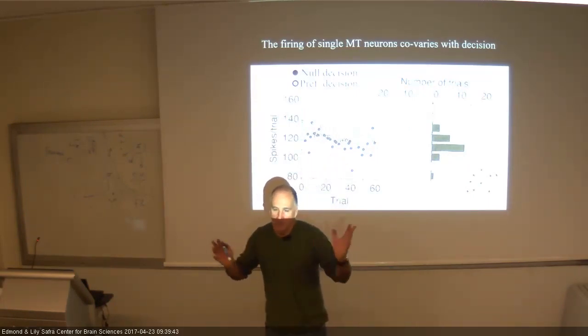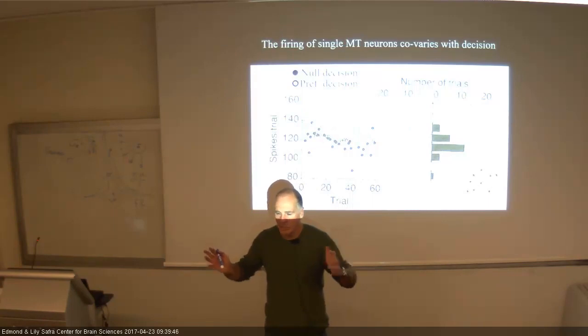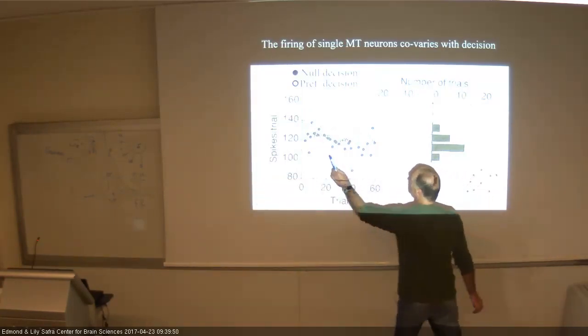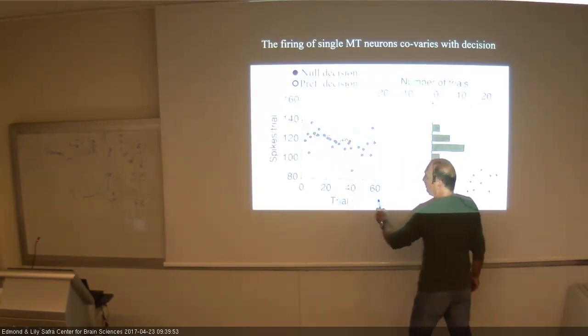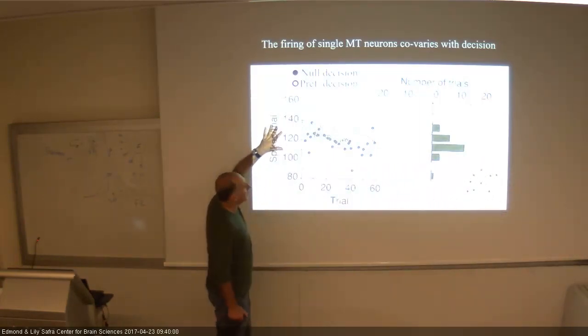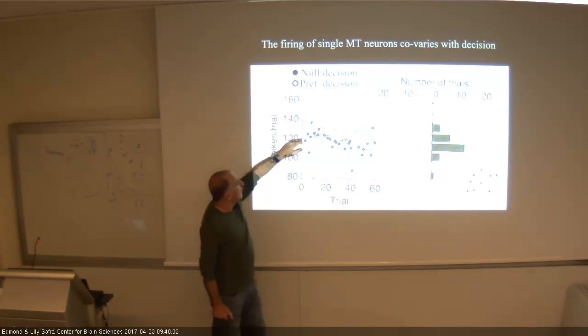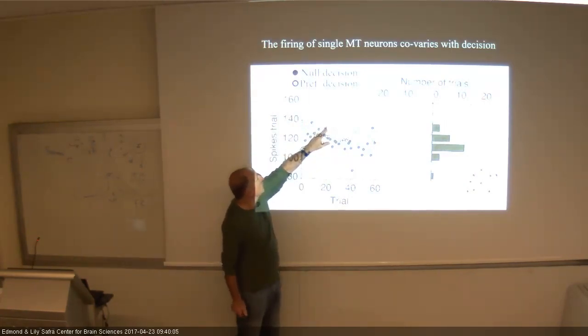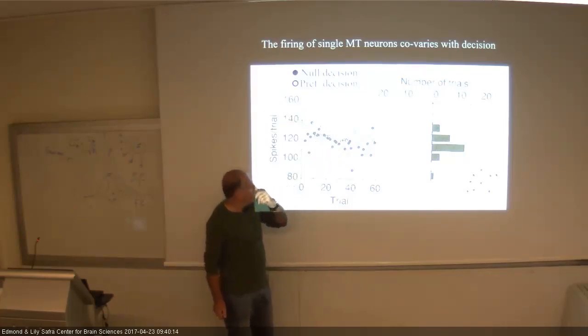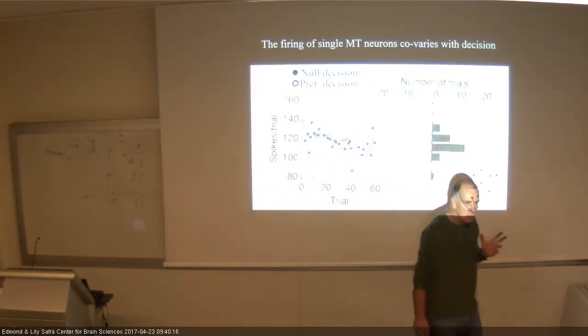He sees the same random motion, and another trial says upwards again, but the third time he says it's downward. So here we plot the number of trials, there were 60 repetitions of the same stimulus over and over again, and here we record the firing rate of that given cell when the monkey reported that it was in the preferred direction, and when he reported it was in the null direction. The preferred direction is open circles, null direction is darker circles.